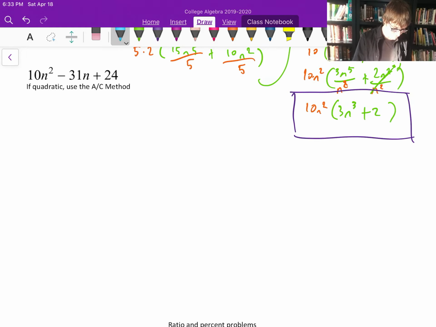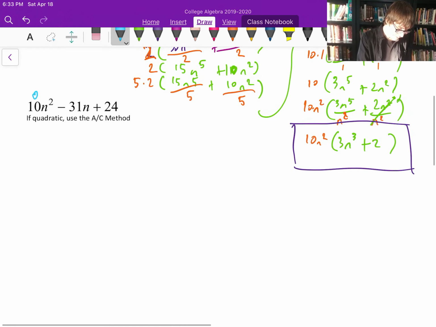Let's recall first what a quadratic looks like. A quadratic comes in this form of ax squared plus bx plus c. What this means is the number that's all by itself is c.